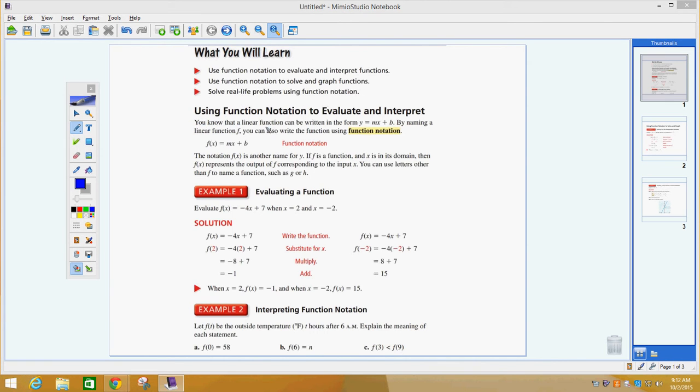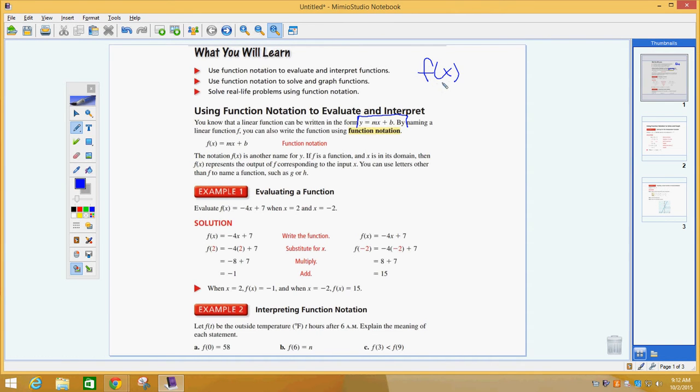We already know that a linear function can be written in the form of y equals mx plus b. By naming a function f, you can also write the function using function notation. So what is that? First of all, you need to know that f of x, that's how you say that.